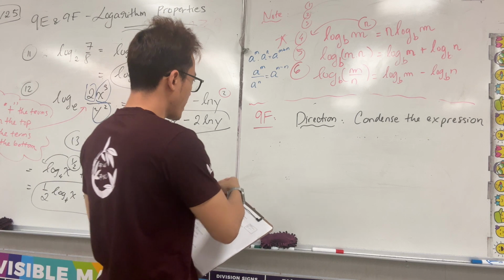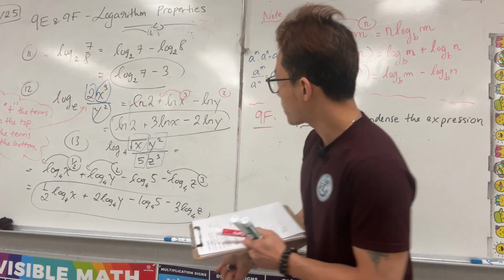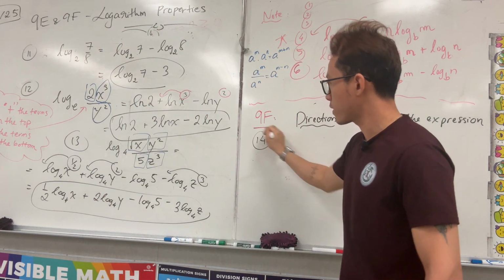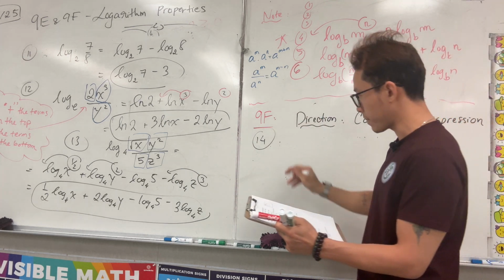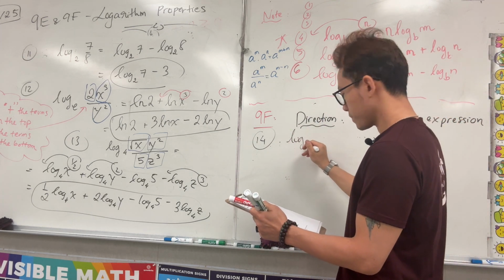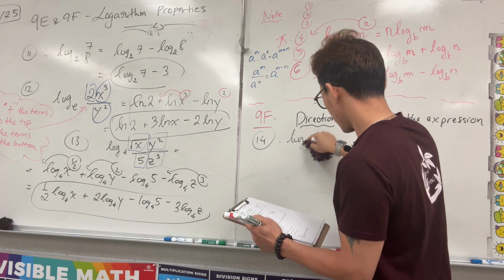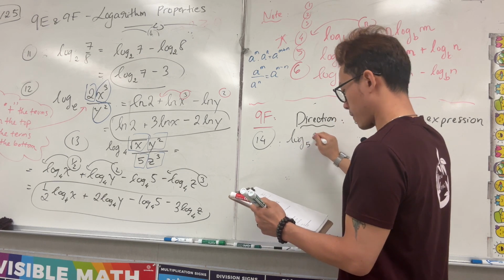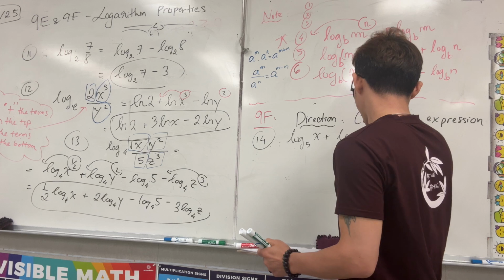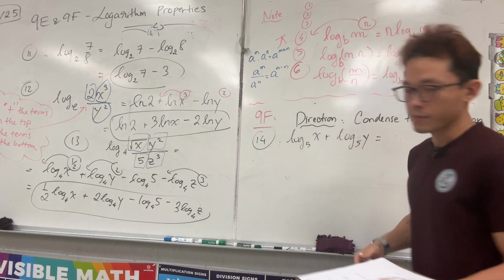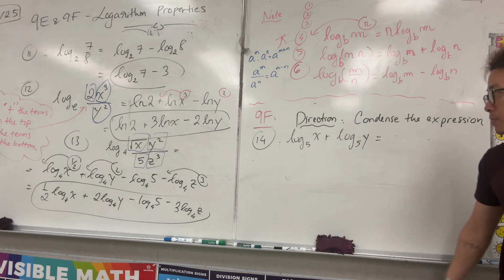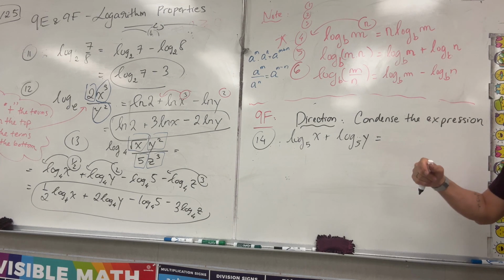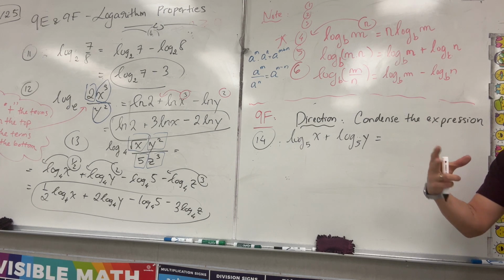So for example, let's start. We can continue the numbers of the example as well. So 14. Okay, log base 5 of x plus log base 5 of y. Condense. You know what condense means? You're going to pack them, right?